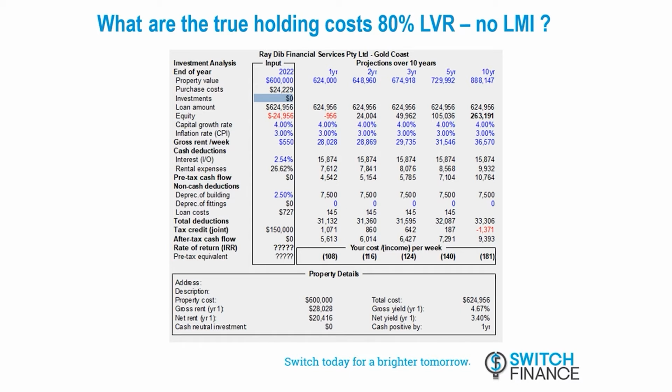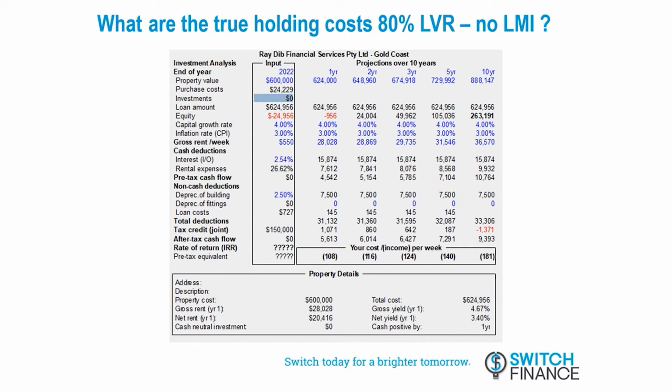So we've got the loan amount as if you have borrowed the full amount, so almost $625,000 there. I've just put a capital growth rate in of 4%, which I would consider fair and conservative. Inflation rate of 3%. An estimated rent return of $550 a week for a $600,000 property would seem fair.